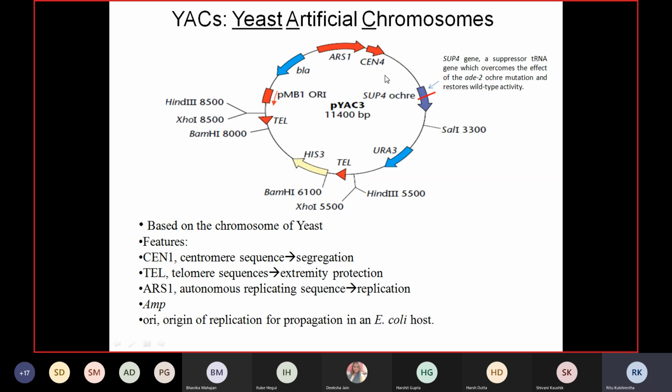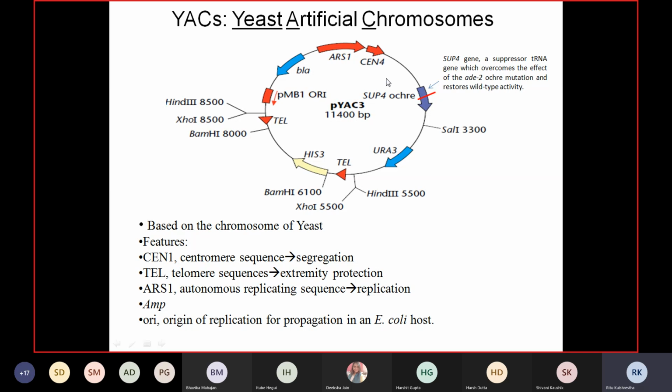The segments which are very essential for YAC, let's go through these one by one. One is the centromere. This is, in a eukaryotic system, a chromosome-based thing. So of course the presence of a centromere is very important if you want these YACs to be segregated properly in the progeny yeast cells.